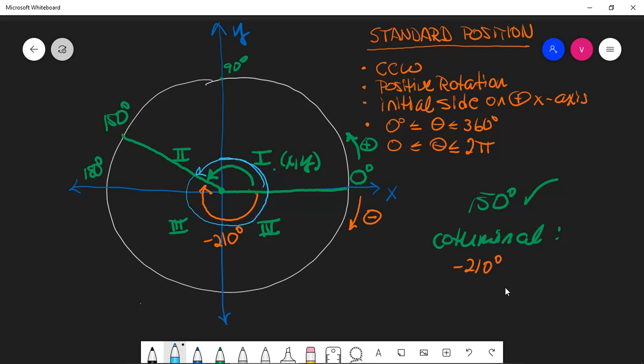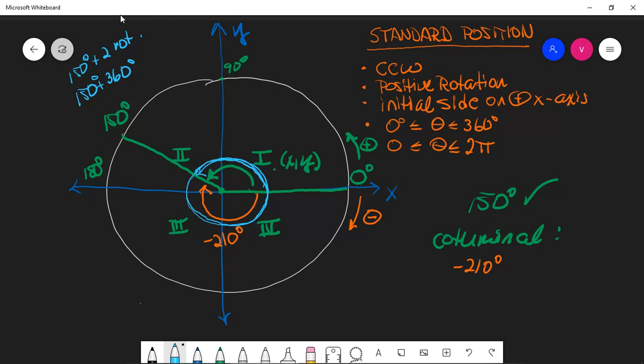Now it is 150 plus one rotation, which is another 360. And then it keeps going around again. Now it's 150 plus 2 times 360, two rotations. Do you understand? It keeps going, 150 plus 3 rotations, plus 4, indefinitely, right?